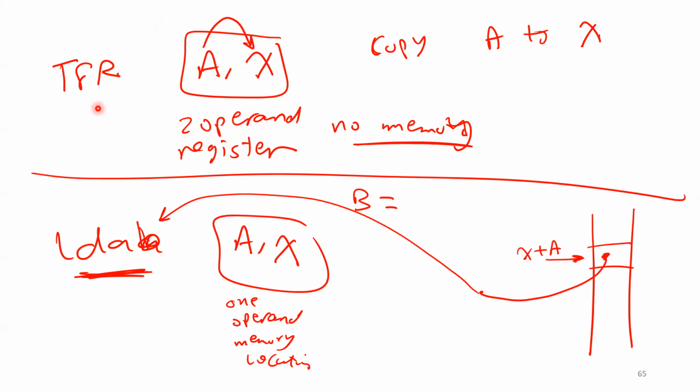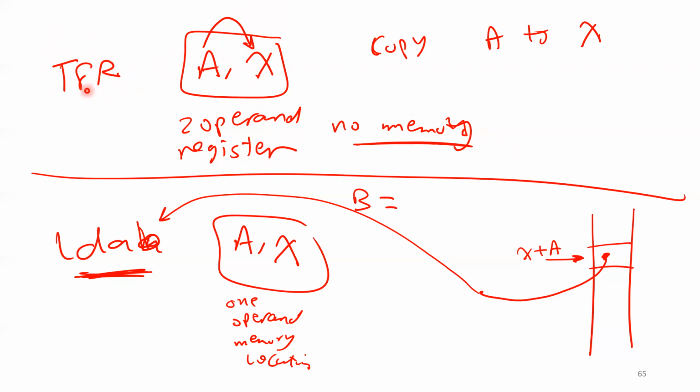Look here. When I say transfer A comma X, I have just explained it right now. With this instruction, you copy a register to a register. So A comma X is actually two operands, and they should be registers because after this instruction there should be two register operands. You copy register to register and no memory here, because you cannot use memory with transfer.